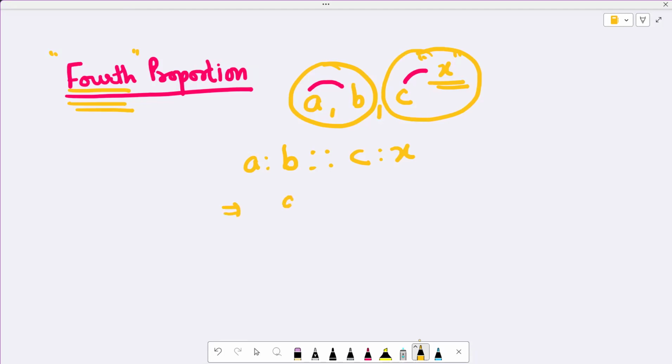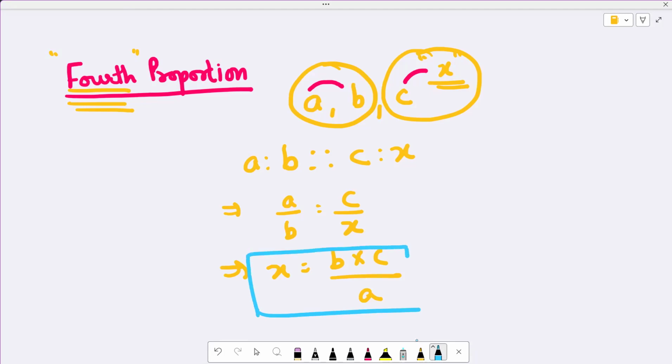So I can write it in this form, A upon B is equal to C upon X. Again, when we need to find out X, it will be B multiplied by C upon A. So this is the way that we find out the fourth proportion.